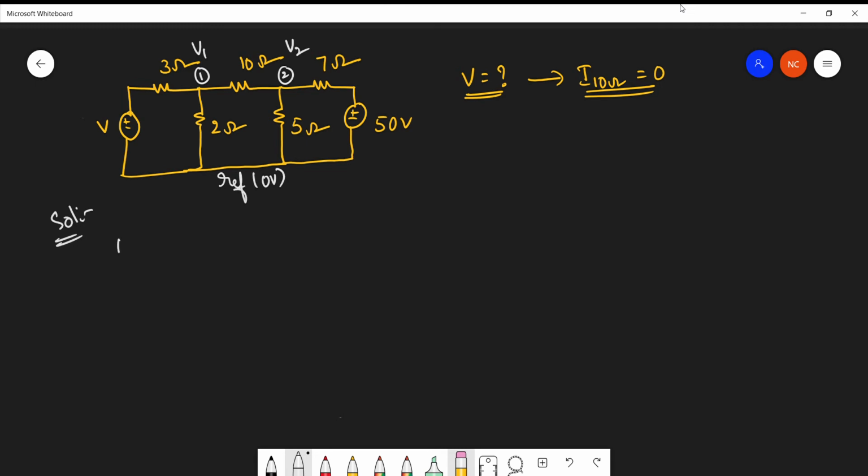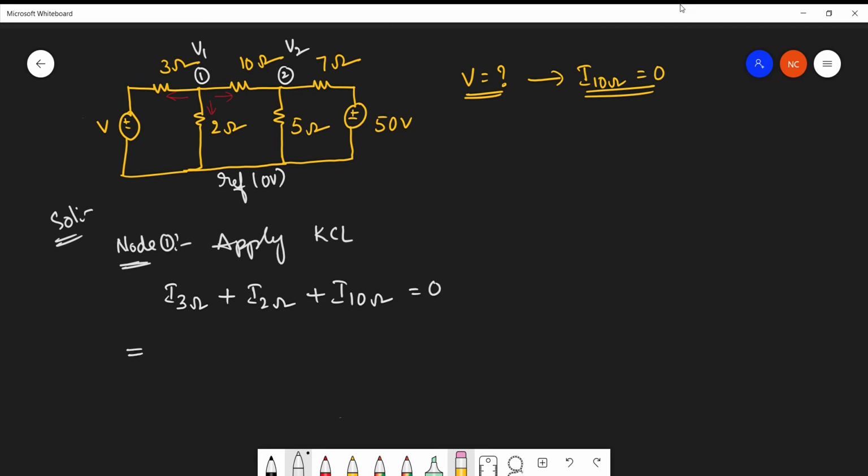Consider node 1 and apply KCL. Here I'm not redrawing the network, I'm directly solving. Direction not specified, so take always leaving from the node. The current passing through 3 ohm plus the current passing through 2 ohm plus the current passing through 10 ohm equals 0, because no other entering currents are there.